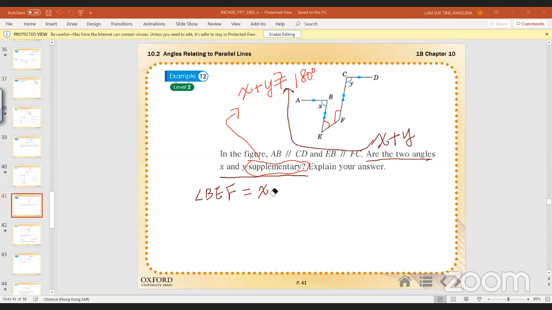We want this to be equal x. But the case is that we cannot be very careful. We cannot say that these two are equal.